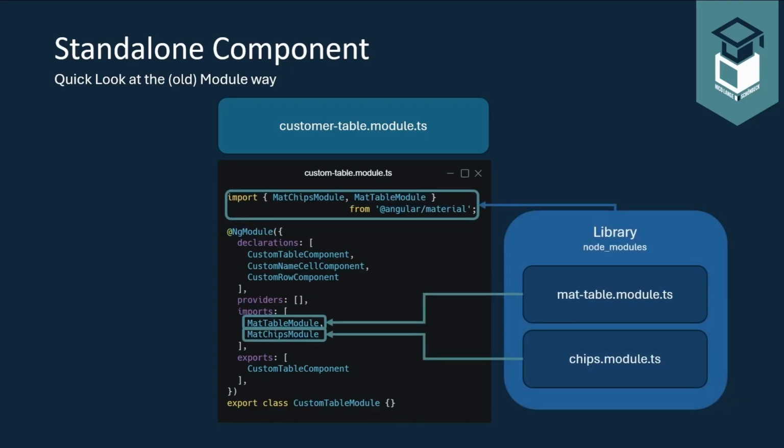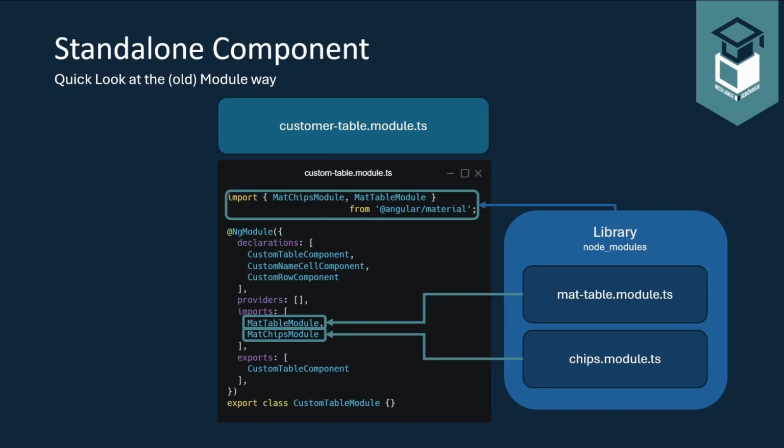The modules that we imported here are coming from a library, that could be the case, but you of course can still import modules that are not part of a library, that could be part of your own project.